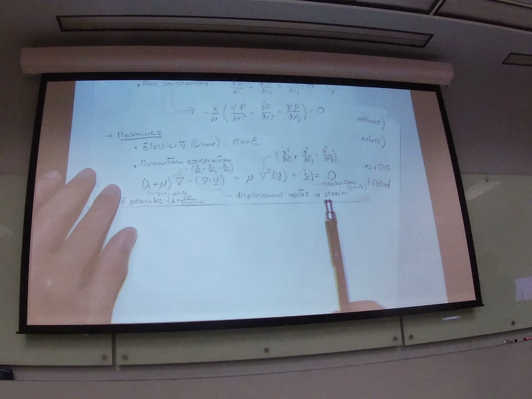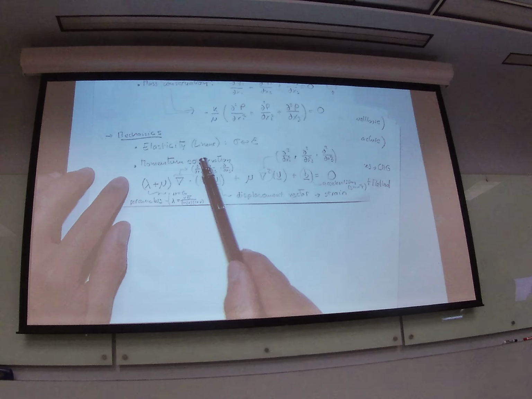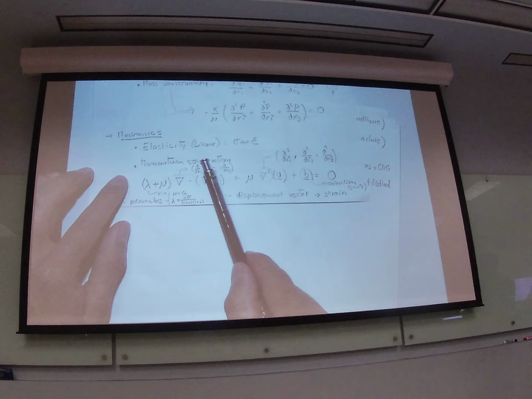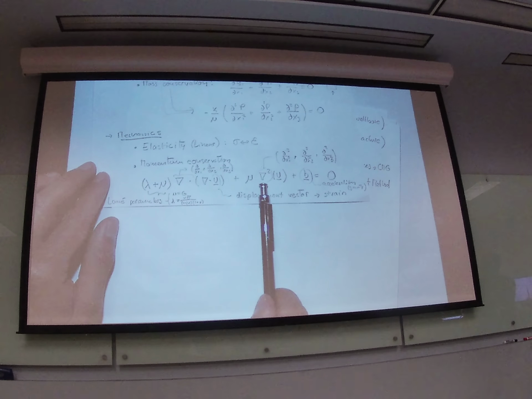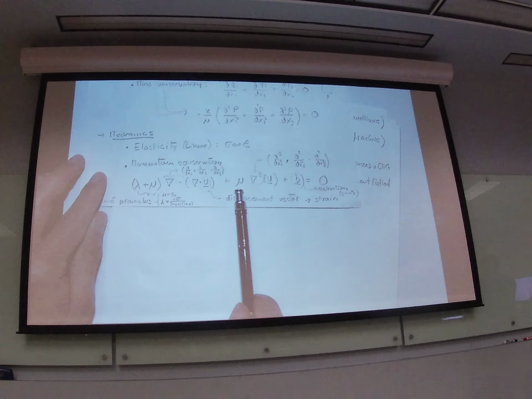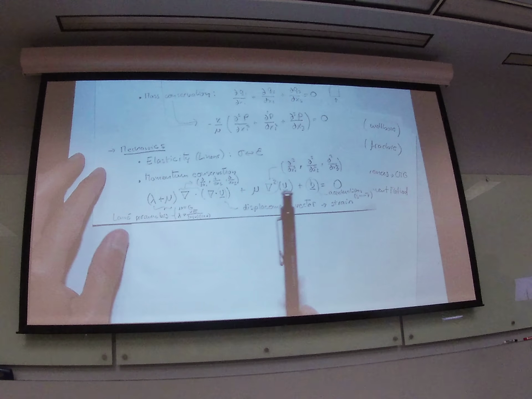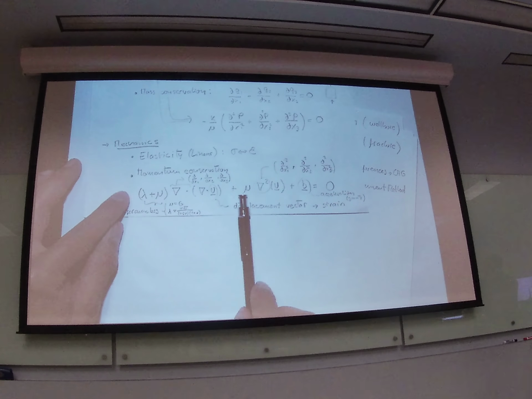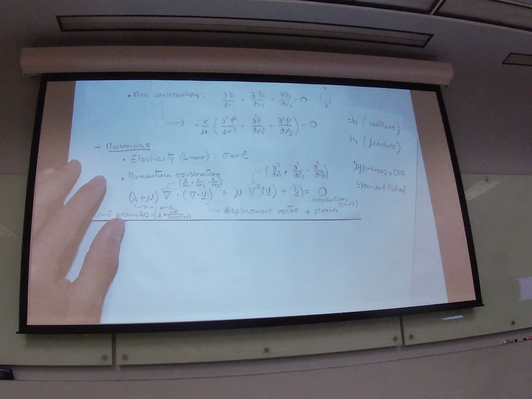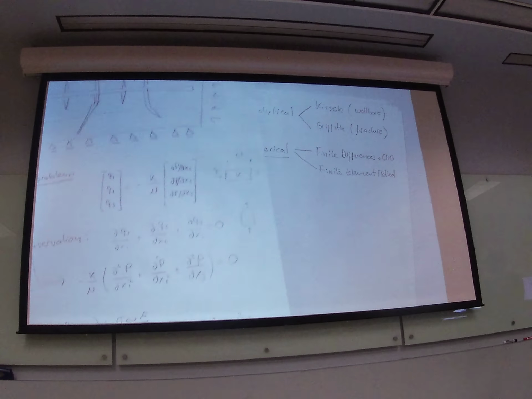You put this one together with this one, and with the rule of strains as a function of displacements, and you get that one. If you're interested in seeing the full solution of this, or how to get to this equation, I can send you a video. Okay? All right.